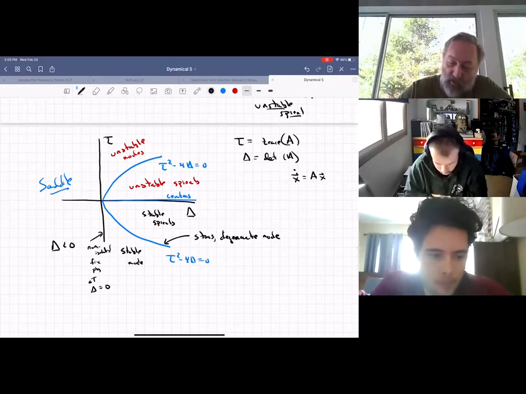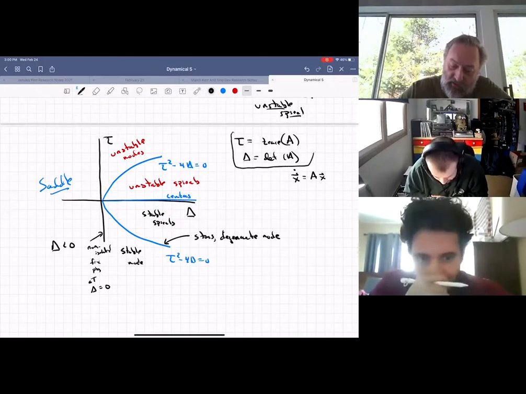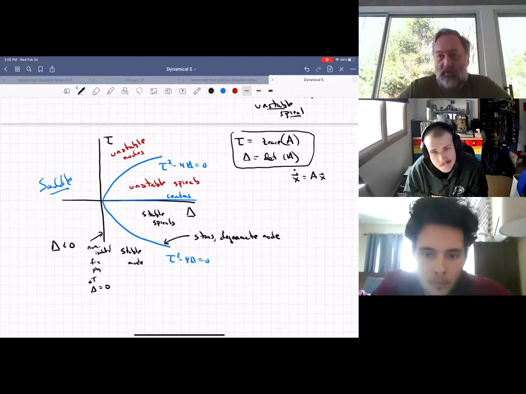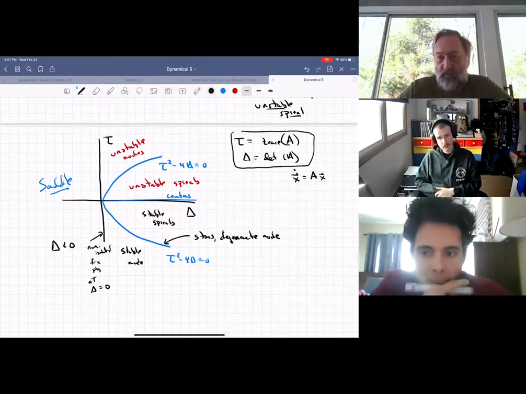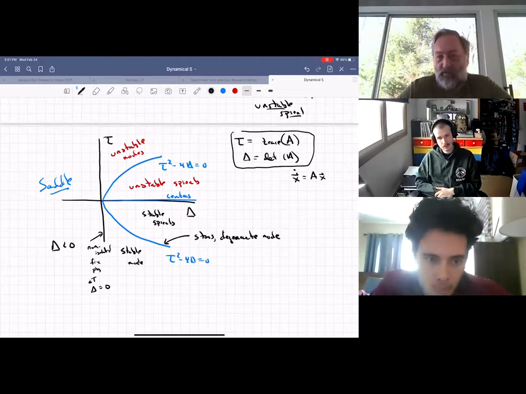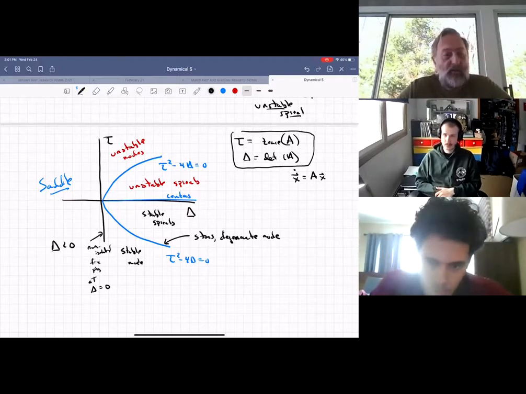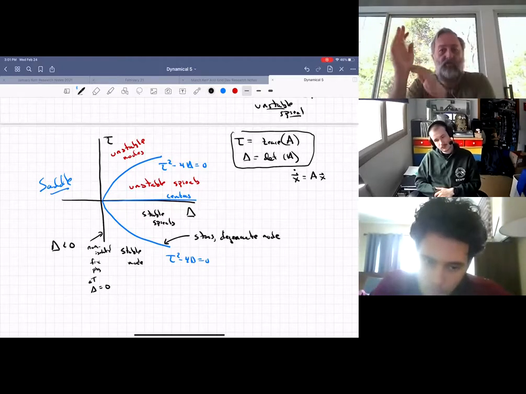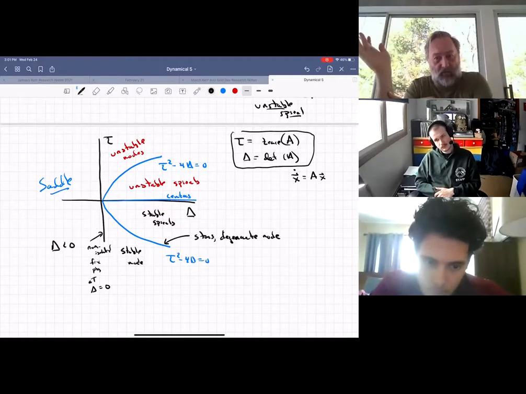So just by quickly computing the trace and determinant of your 2x2 matrix, you know immediately what the phase portrait is going to be. These are just 2x2 matrices, so it's easy to compute the trace and the delta. If it's a stable node, you might not know exactly which way the axes are going to go, but you know what the phase portrait is basically going to look like.